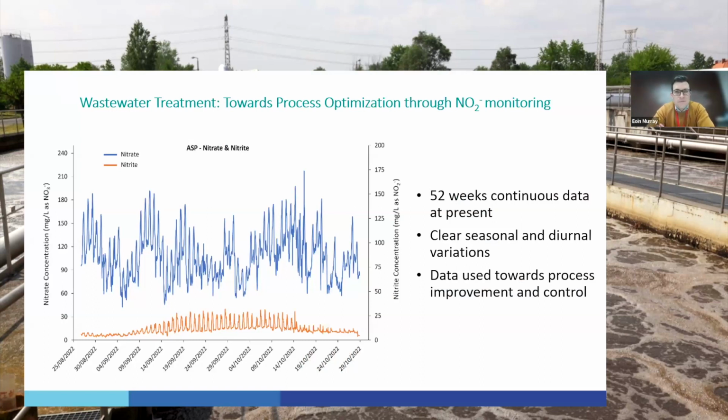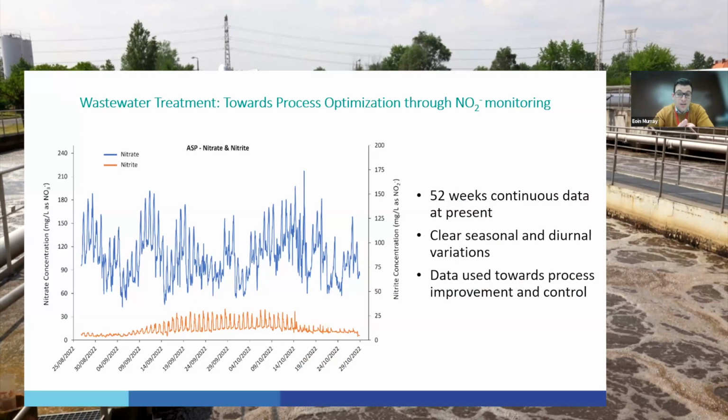So just to highlight the data itself, this is an example of deployment in the UK where the analyzer has been installed, monitoring the ASP for nitrite and nitrate. This data set here is 52 weeks of continuous data.